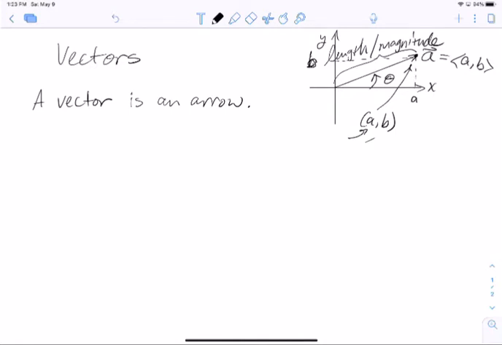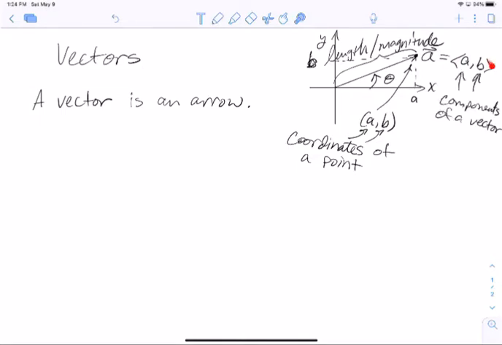So a and b are coordinates of a point when we write them with the parentheses, but they are components of a vector when we write them with the angle bracket notation. Now there exists a vector called the zero vector.